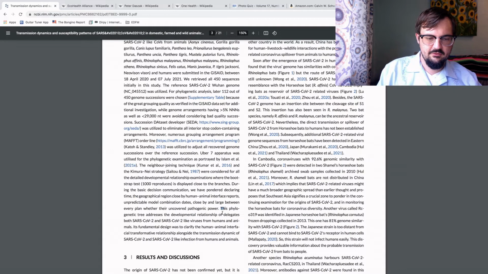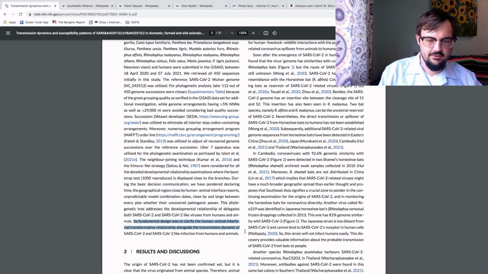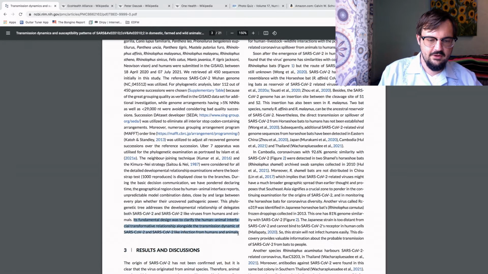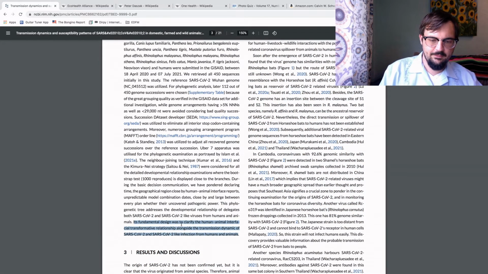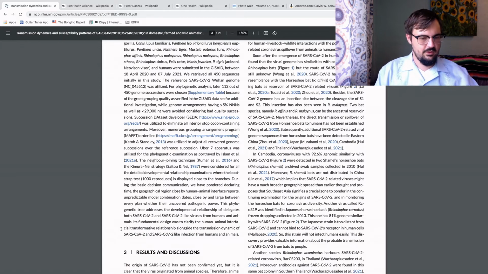And it says it came up with a phylogenetic tree to diagram out the relations between all of these viruses. And the fundamental design was to clarify the human-animal interfacial transformative relationship alongside the transmission dynamic of these two viruses between humans and animals. So in other words, they're looking at how they change over time and how they can make that leap between species.